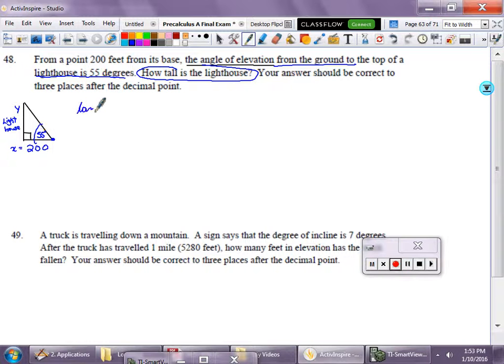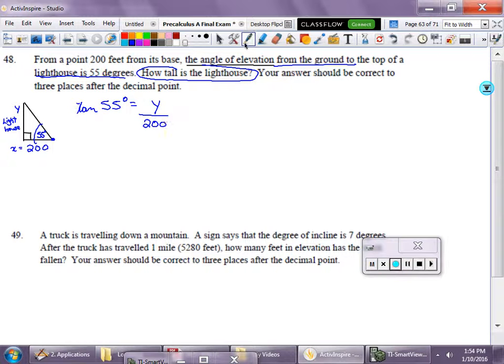Tangent, we have an angle of 55 degrees. Theta is equal to y over x. That's our tangent ratio, and that ratio is y, our unknown, over x, which is 200.